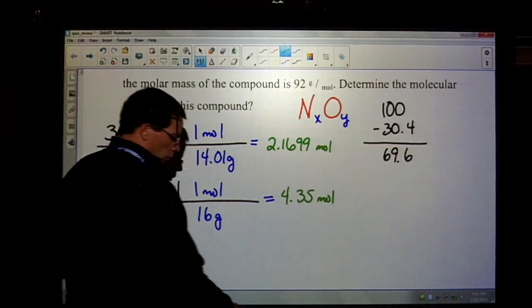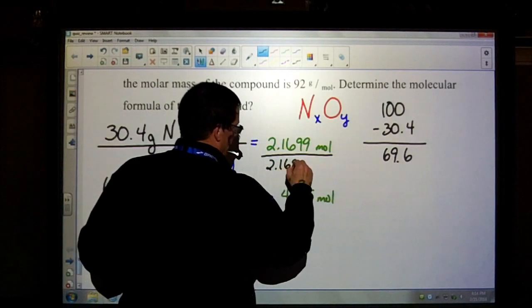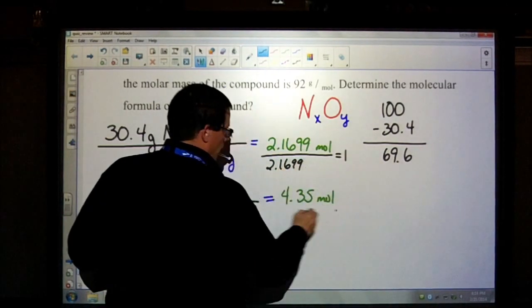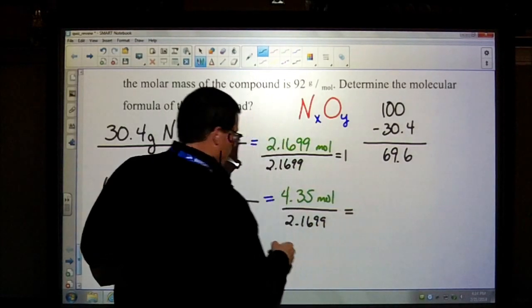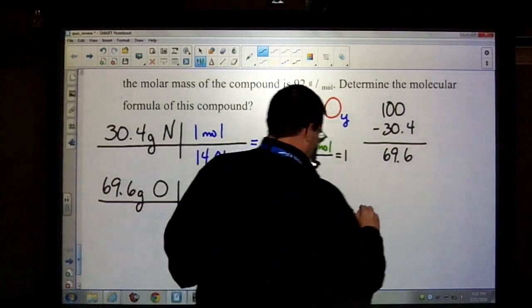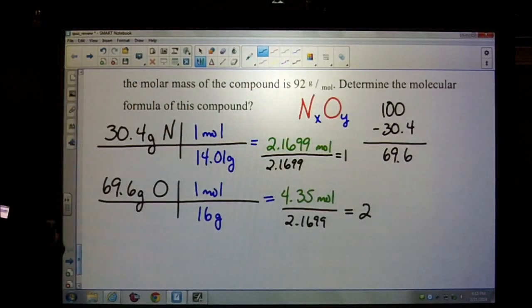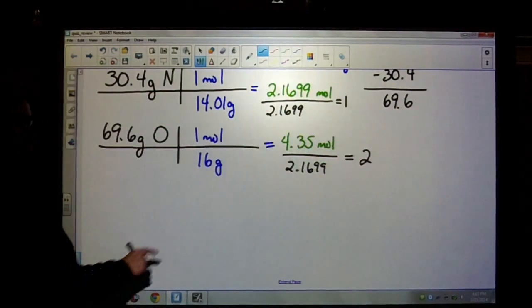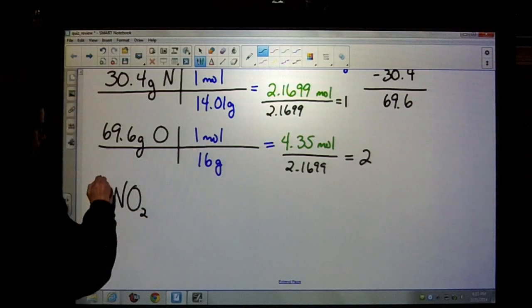So again, which one is smaller? Divided by the 2.1699. That's a 1. This one, I can see that's a 2. Yep. So it's very close to 2. So we have, it's a NO compound. Oh, I'm sorry, NO2 is our empirical formula.